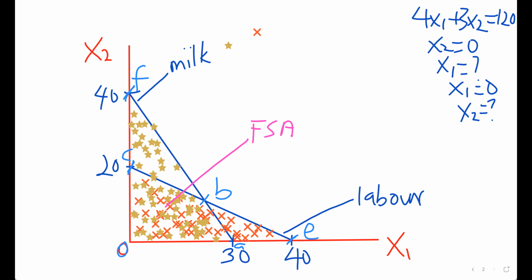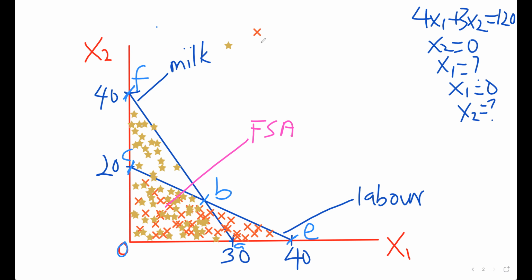Now watch this. The feasible solution area has got vertices. These vertices are called corner points. Who can tell me the sensible vertices of this feasible solution area?